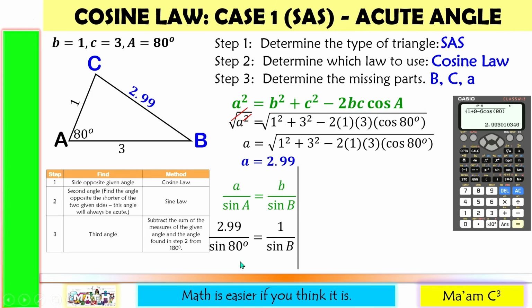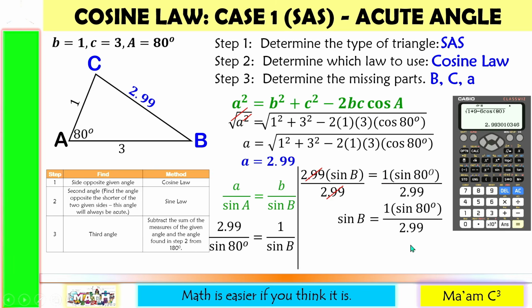Cross multiplication, so we have 2.99 times sine B is equal to 1 times sine 80. Since we are only after the angle, we're going to divide both sides by 2.99. So these two will cancel out, and sine B is equal to 1 times sine of 80 degrees over 2.99. We are after the value of an angle, so we're going to make use of an inverse function, arc sine. 1 times sine 80 is still sine 80.